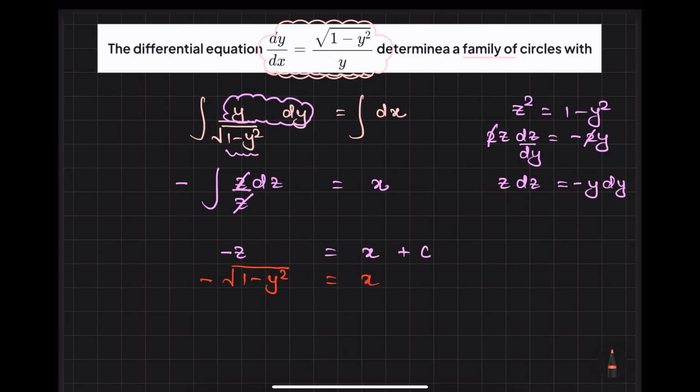So apply the replacement. Now I will remove this root because I am not able to understand which curve this equation is representing. So I will square both sides. We will be left with 1 minus y square equals x plus c whole square.